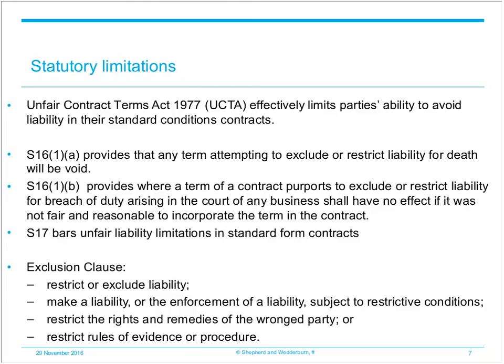For an exclusion or exemption clause to be reliable, it must be drafted carefully so it is free from any ambiguity. However, even then, it is subject to the test of reasonableness under UCTA, and this is a relatively high bar to overcome.